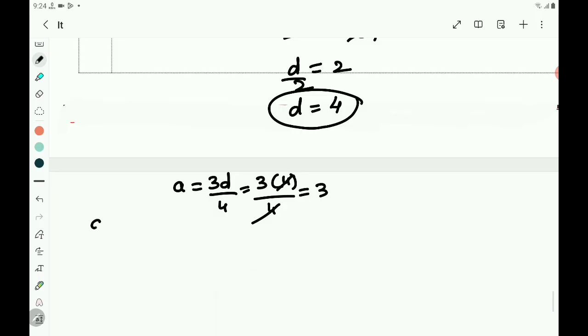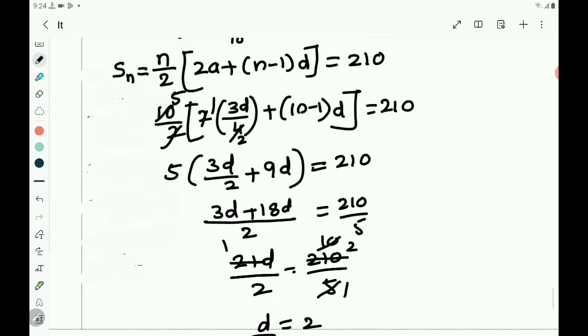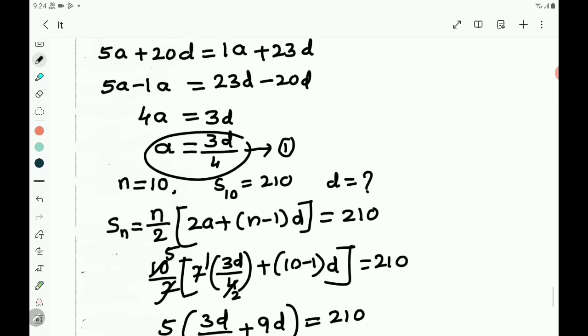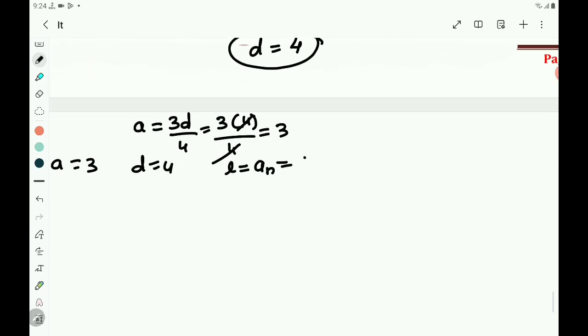Then you write a equals 3, d equals 4, and l, l means last term, an equals 99. Here it is given 99. Then you write the question mark for n. And which formula do we have to write?